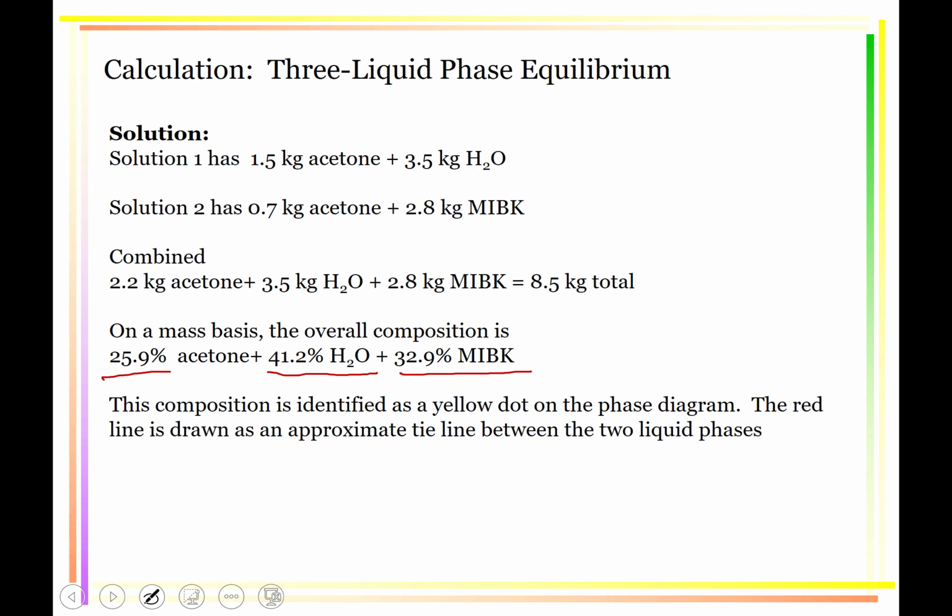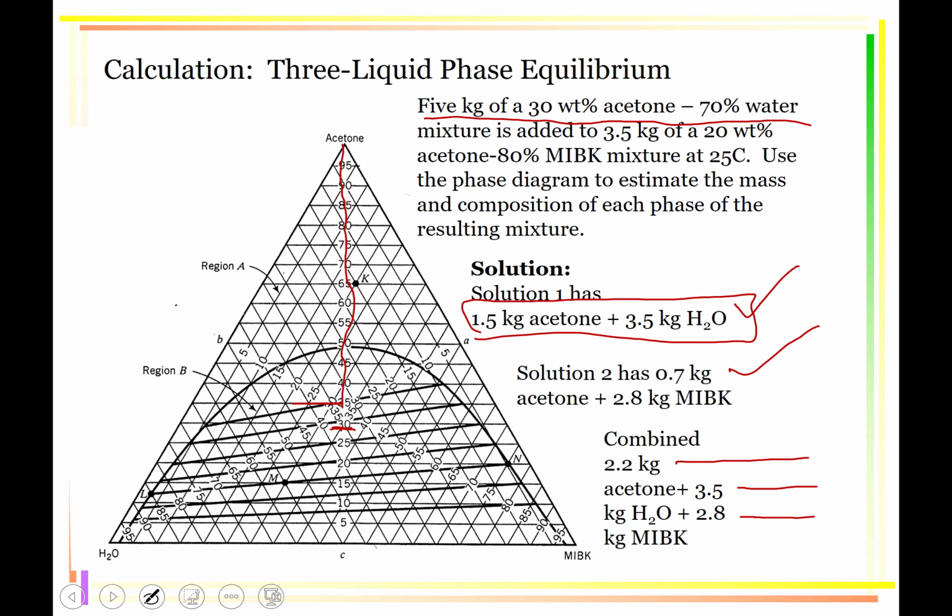Then we had 41.2% water. So here is water. We ride the water line down to 41.2, somewhere around there. And what we're going to do is find where these two intersect, and it's going to be right about there.